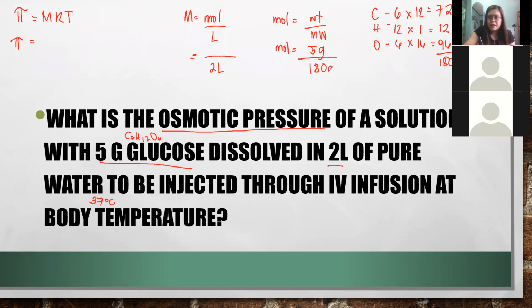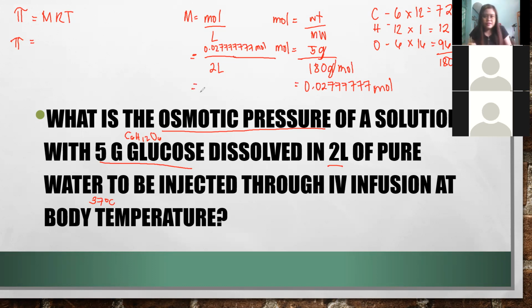Makancel ang grams. So 5 divided by 180 is 0.0277 moles. Okay? So, naano tayo moles, we can proceed with the computation of the molarity. Ayan.